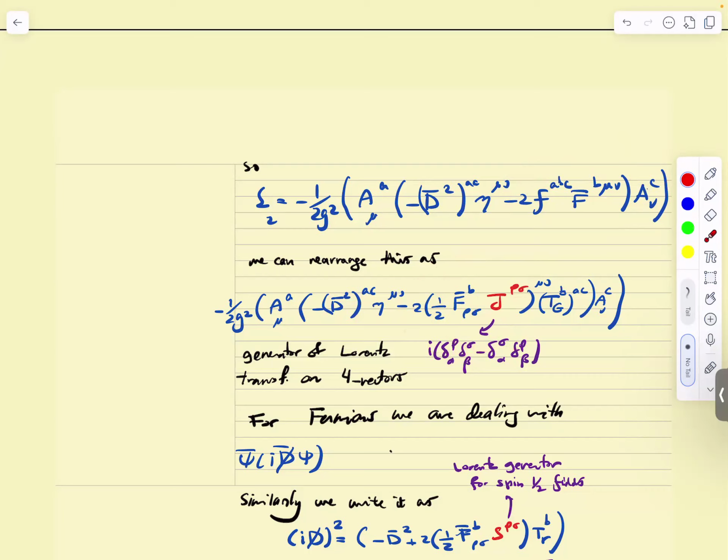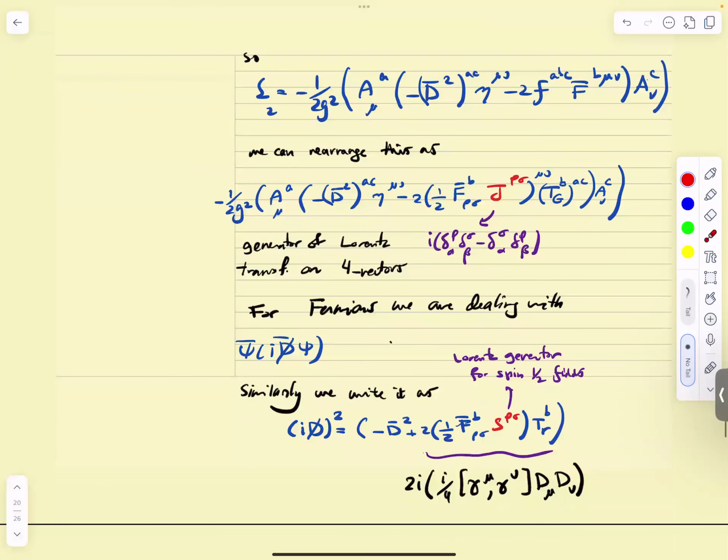That's just like a little exercise where J rho sigma is just this contraction of Kronecker deltas. Writing it this way is instructive because it highlights that this is nothing but the generator of Lorentz transformation on four vectors, right? Gauge field is a 4 vector.